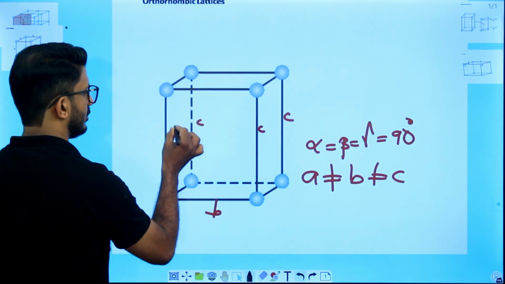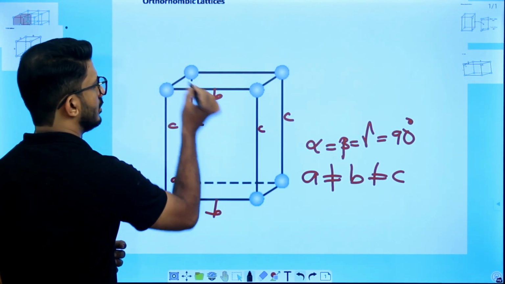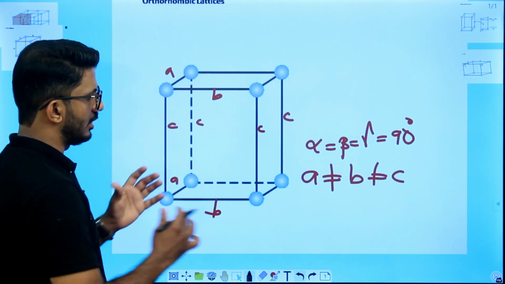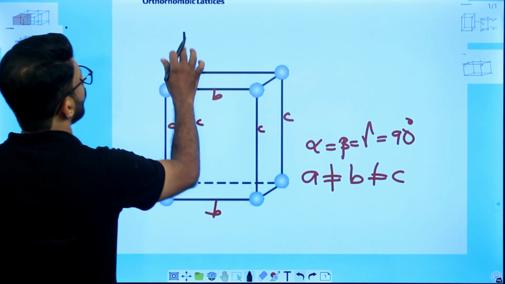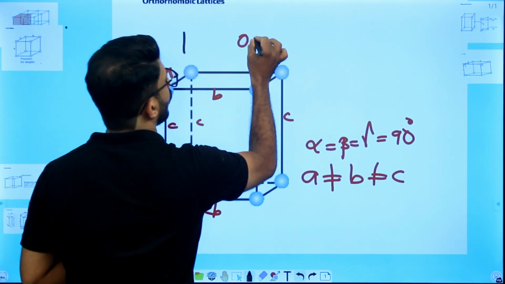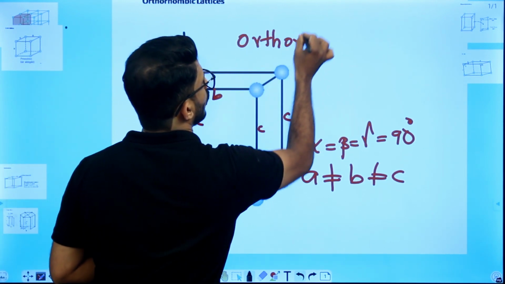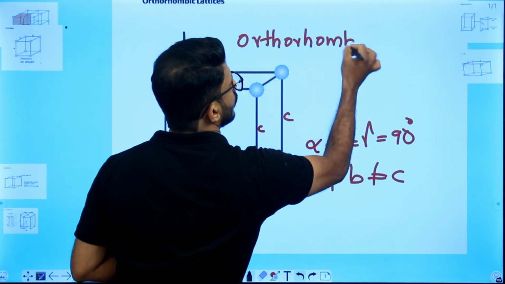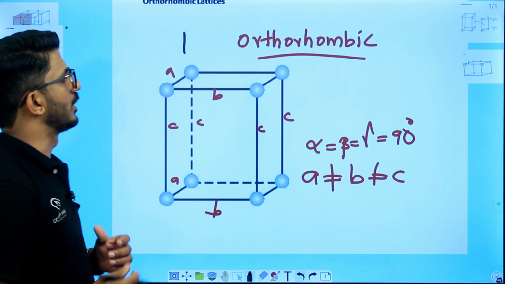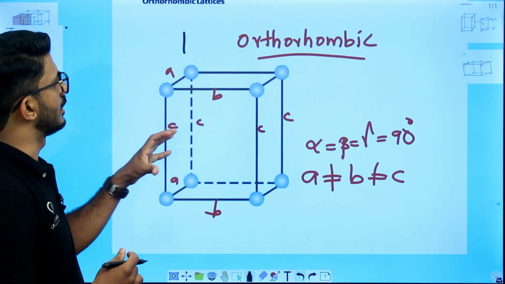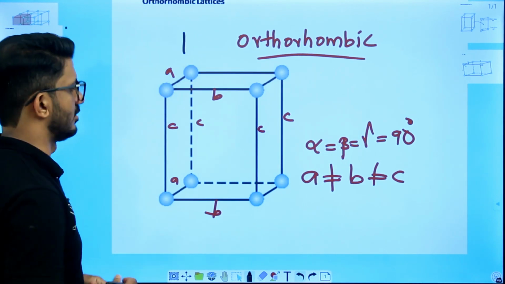A, B and C are not equal. And that is called an orthorhombic crystal. This type of unit cell or crystal lattice is an orthorhombic crystal lattice.